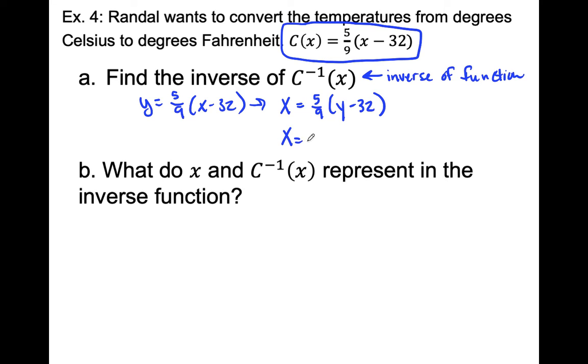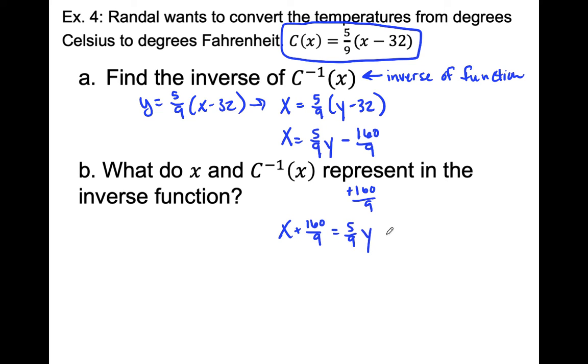So x equals 5/9 y minus 5/9 times negative 32, which is 160 ninths. So then I would have to add 160 ninths. So I get x plus 160 ninths equals 5/9 y.